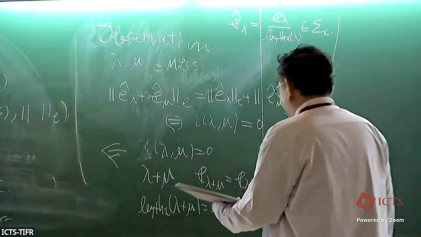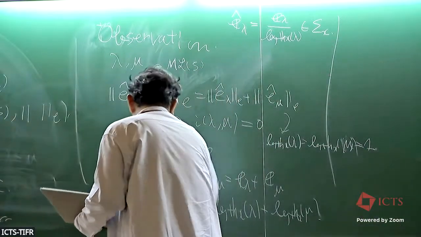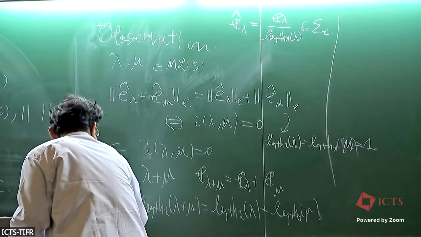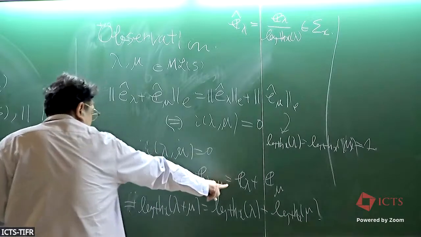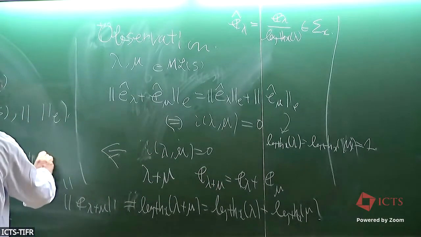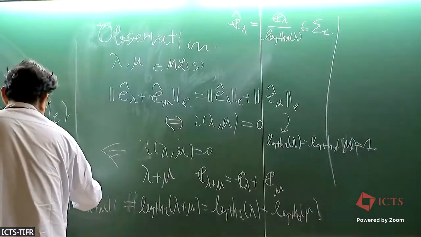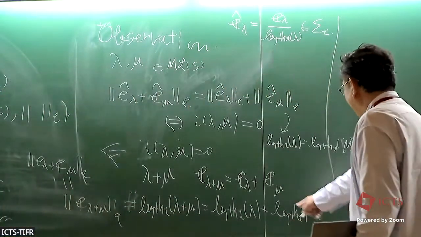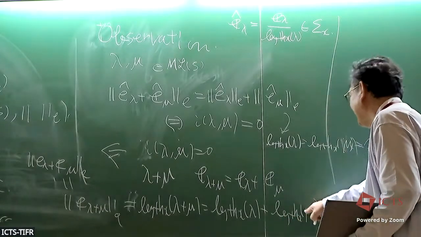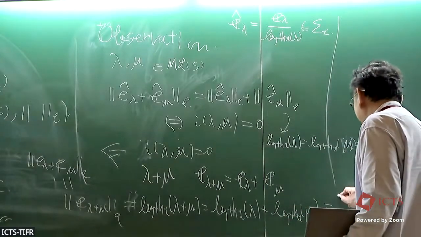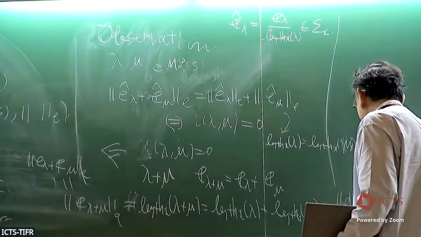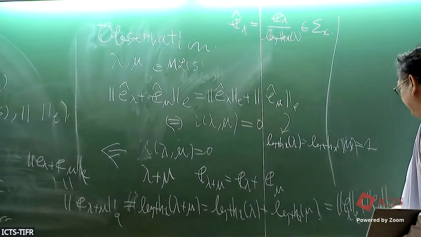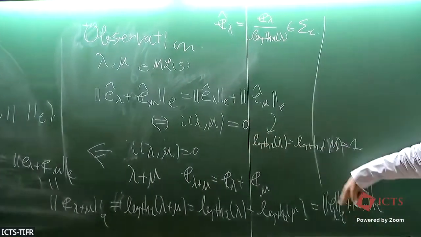So this is the norm of this sum. And as this one holds, this is just the norm of the sum. Whereas if you consider just the sum of the lengths, then by definition it's something like this. So these two must be equal. So that's simple.